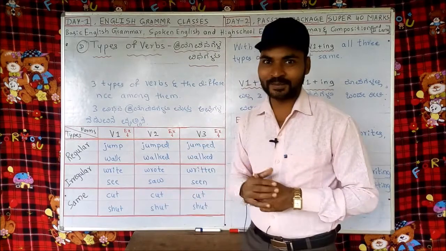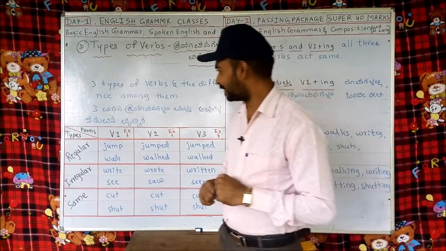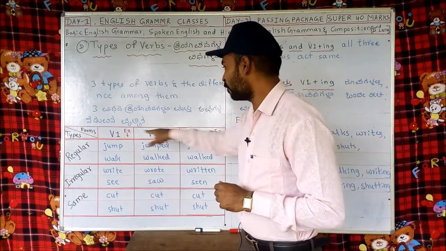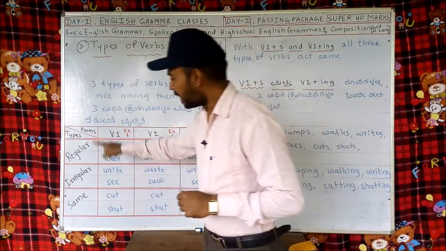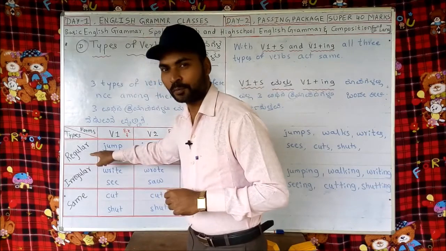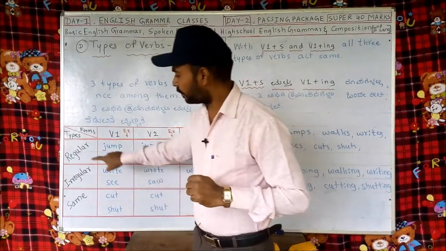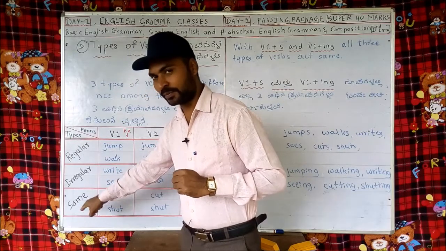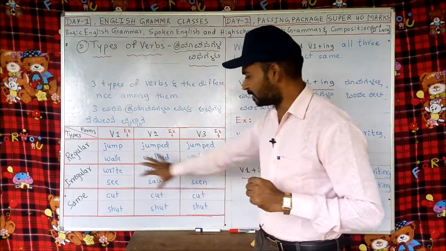Let's see them. What are those three kinds of verbs? Here the forms are V1, V2, V3. In this row you see forms, and in this column you see types of verb. Three types of verbs are there: regular, irregular and same types of verbs, and these are all examples.